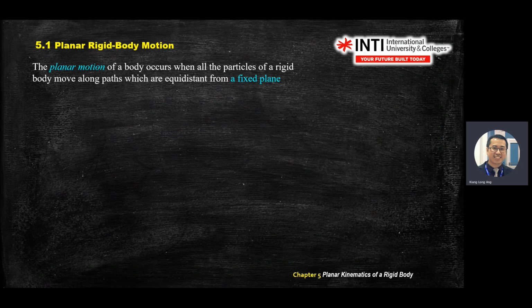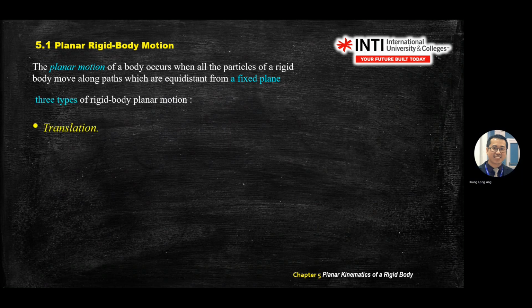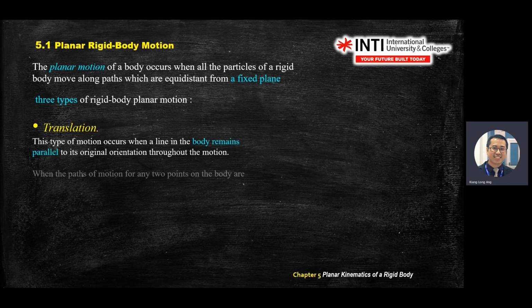It will move on A4 paper only. It won't move up, won't move into the screen. So planar motion means you look at one plane, XY, YZ. It's a 2-dimensional motion.